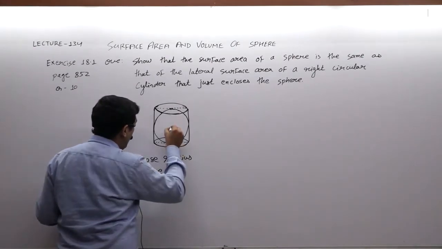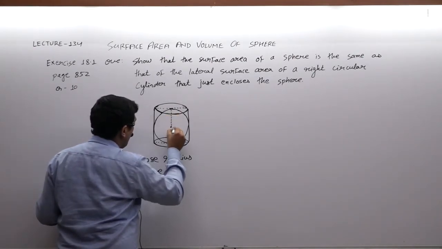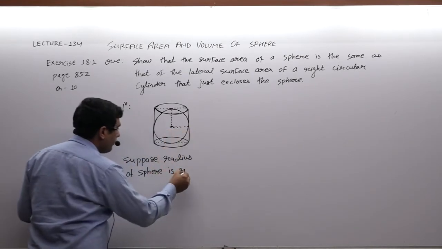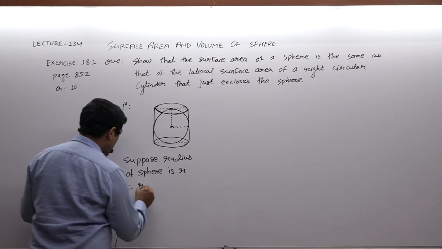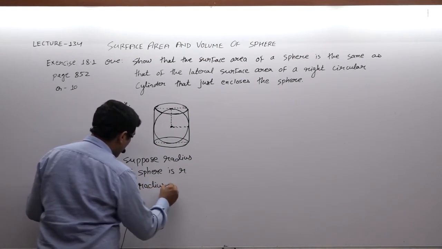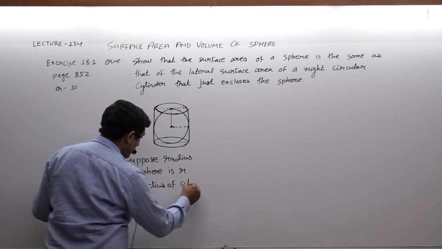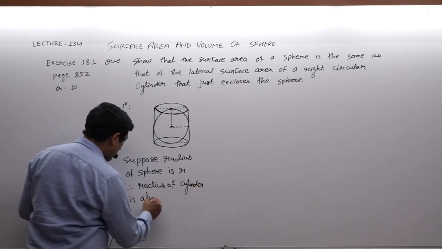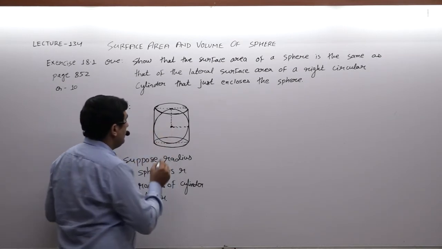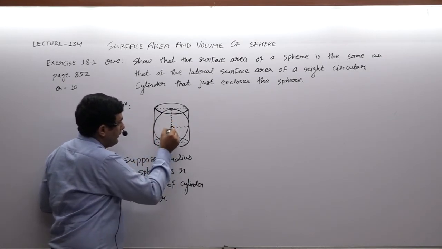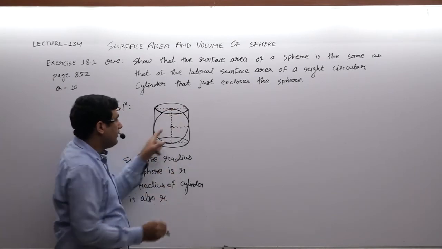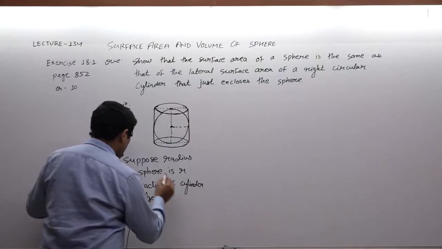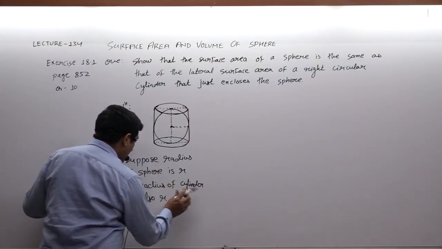As I am assuming radius of sphere is r in this way, it means simply I can say radius of the cylinder is also r. Now you can see the radius of the sphere is r, so diameter of the sphere will be the height of the cylinder.